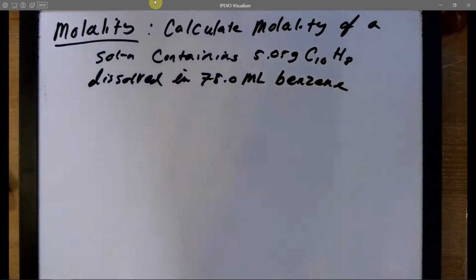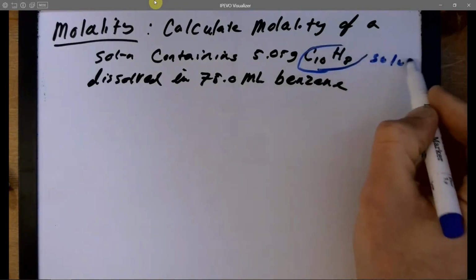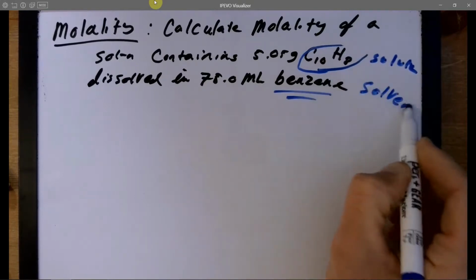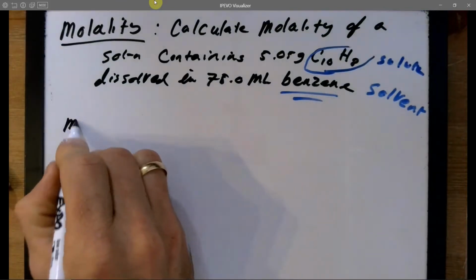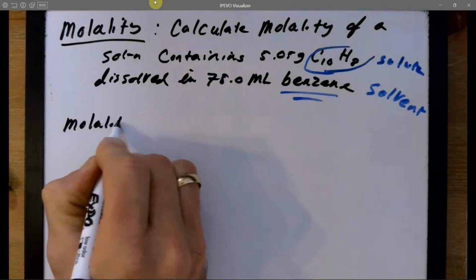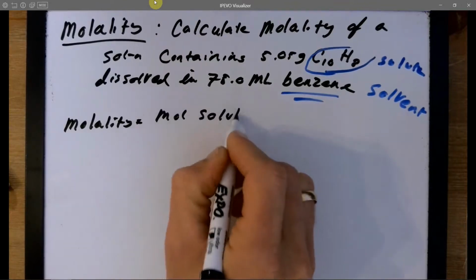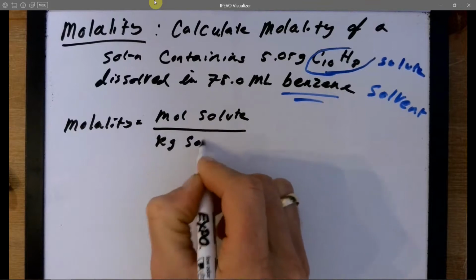Okay, perfect. So now I have to identify solute and solvent. So this guy here is going to be my solute, and then this thing is going to be my solvent. It's dissolved in it, so it's my solvent. Okay. Now, my expression for molality is moles of solute divided by kilograms of solvent.